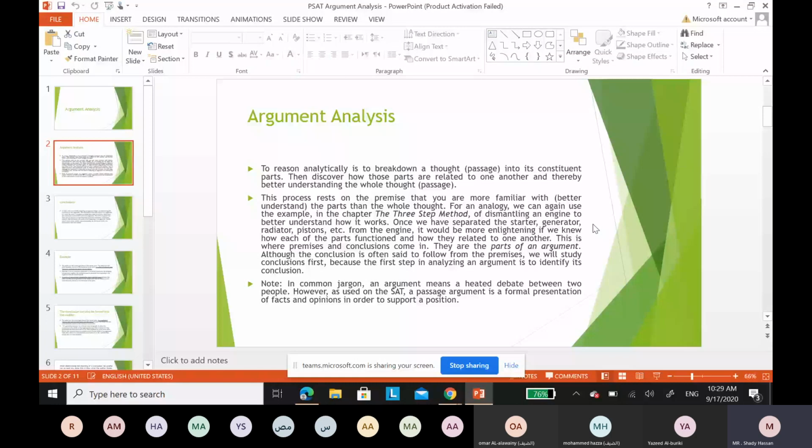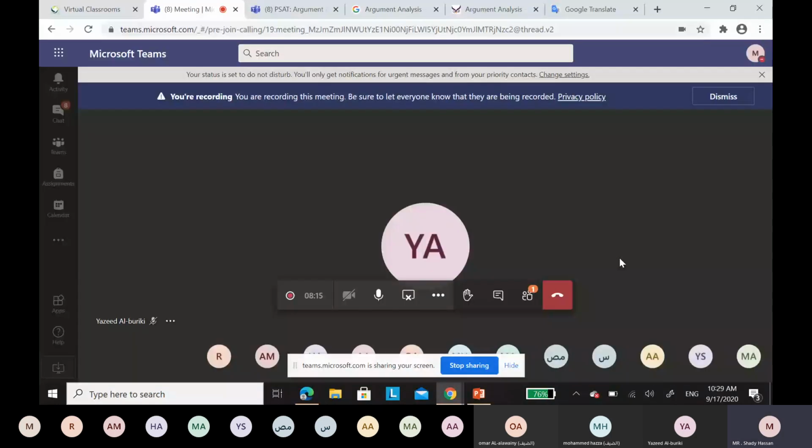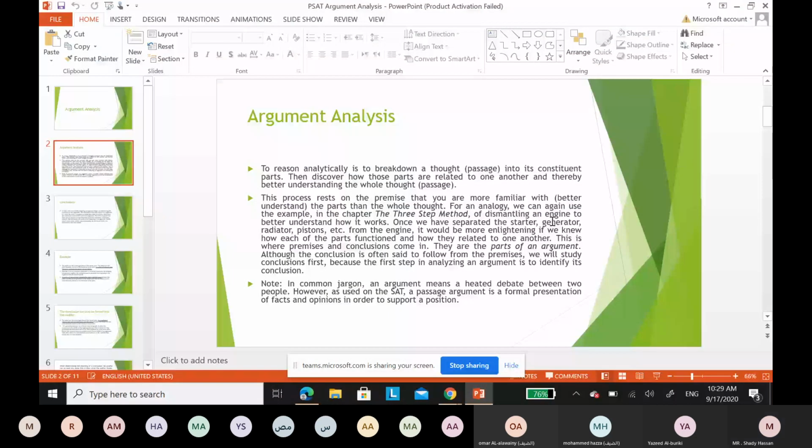Well, this leads to better understanding. When we understand from the premise, from the beginning, when we understand our hypothesis, we can understand the results, and we can understand the passage till its end.